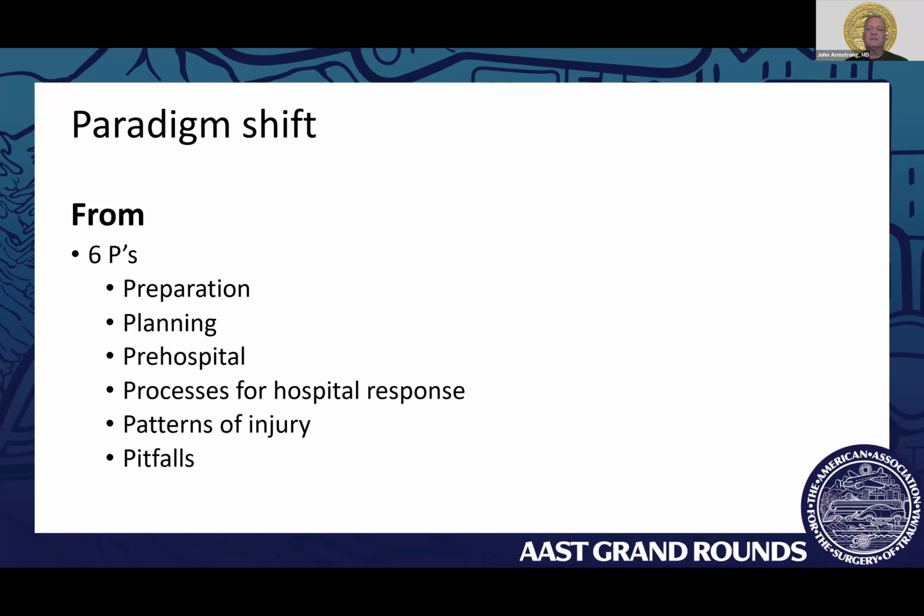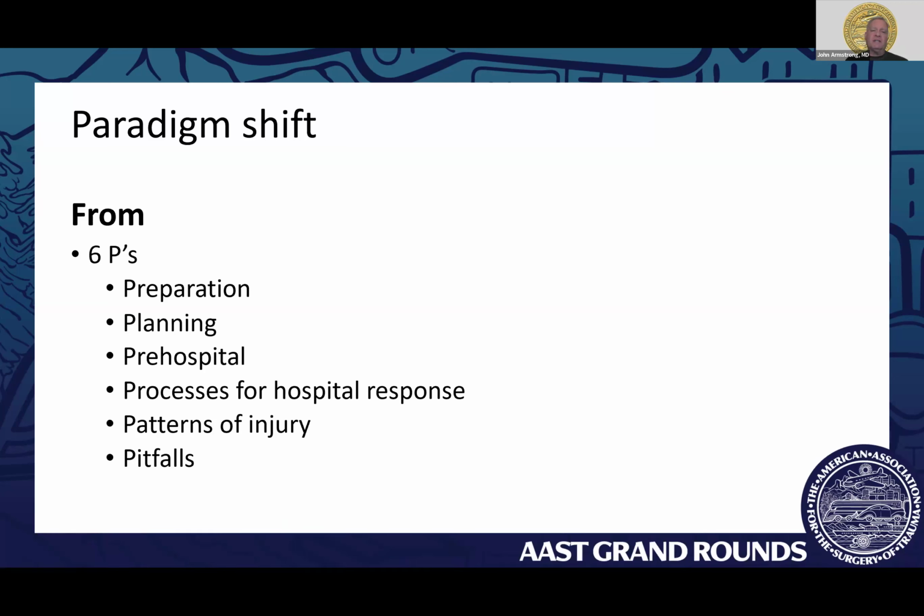Preparation, where you learn the science; planning, where you engage the science to develop a robust readiness plan inclusive of a variety of stakeholders within the hospital and outside; and then move to how you would apply readiness principles in the pre-hospital area, how you would do it at the hospital through processes. What are some of the patterns of injury to expect in navigating pre-hospital and hospital response? And then what are some of the pitfalls, the lessons that continue to be identified and not necessarily learned?